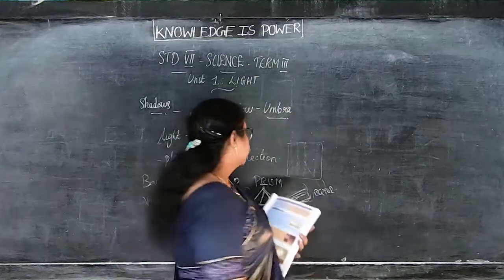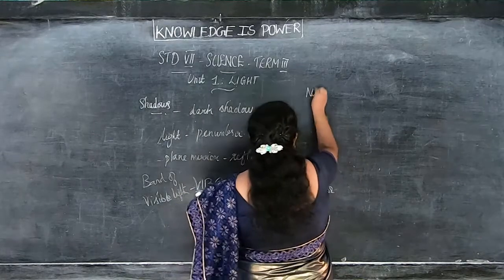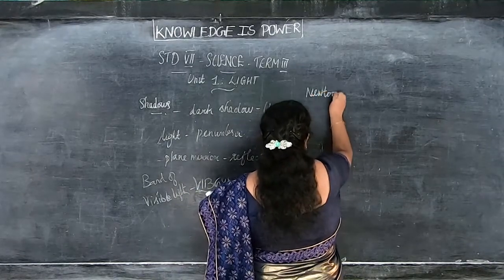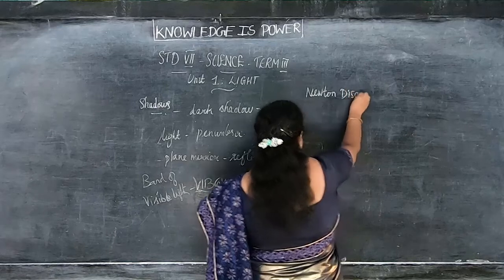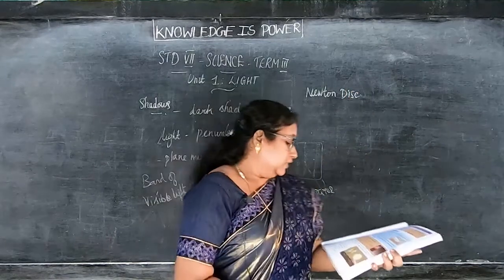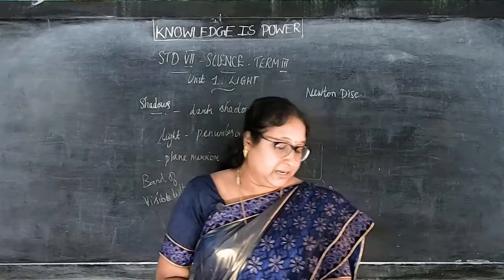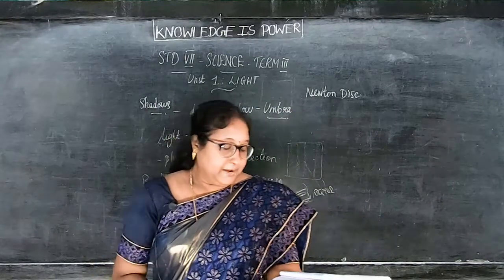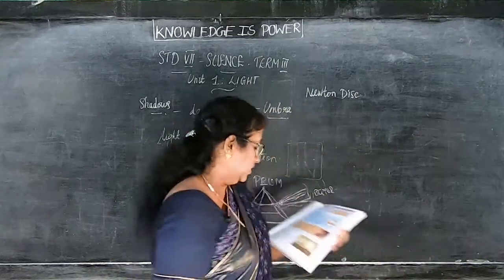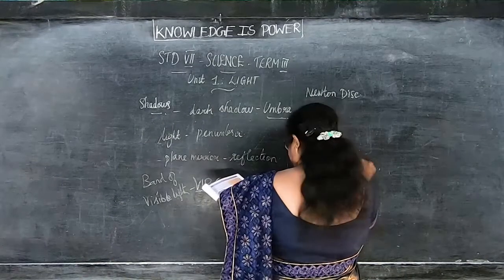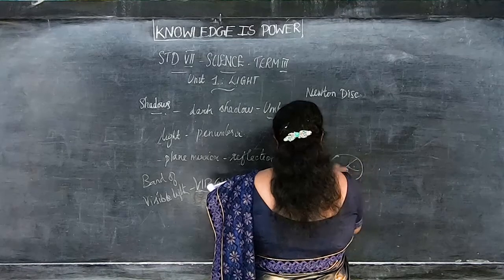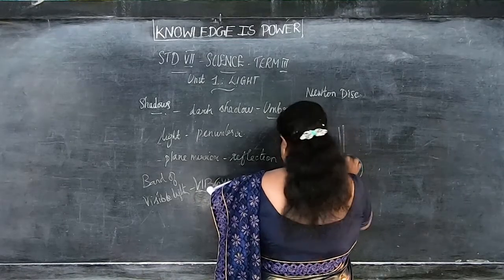Okay. Next we are going to see the Newton disc. Newton disc. Okay. Now Newton suggested a process of mixing the different colors to make white color by setting an arrangement as shown in the figure below. See the picture there. It's a stand.